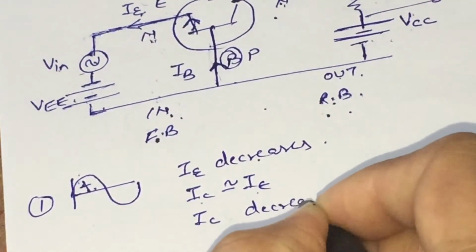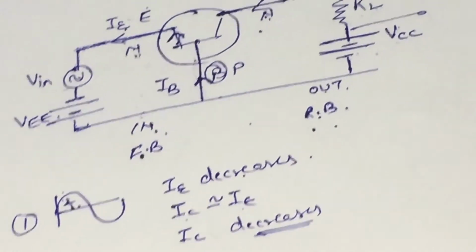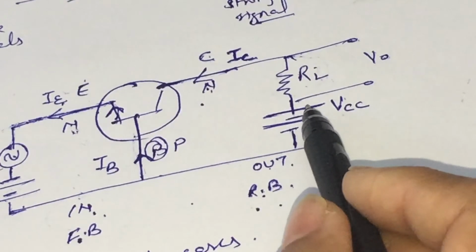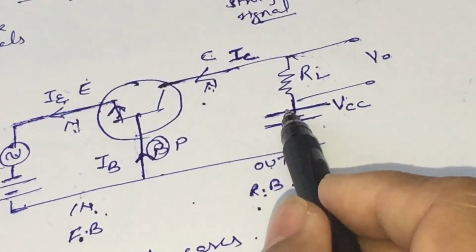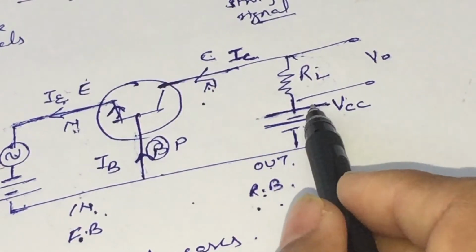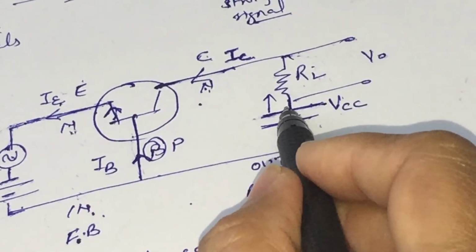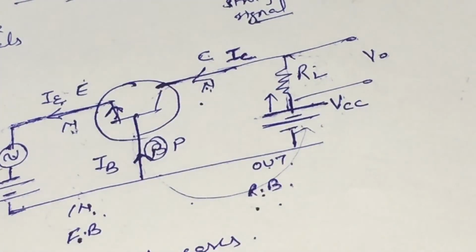Collector current also decreases. If we see our output loop, this is our positive terminal, and the current will move from the positive terminal to the negative terminal in this circuit.